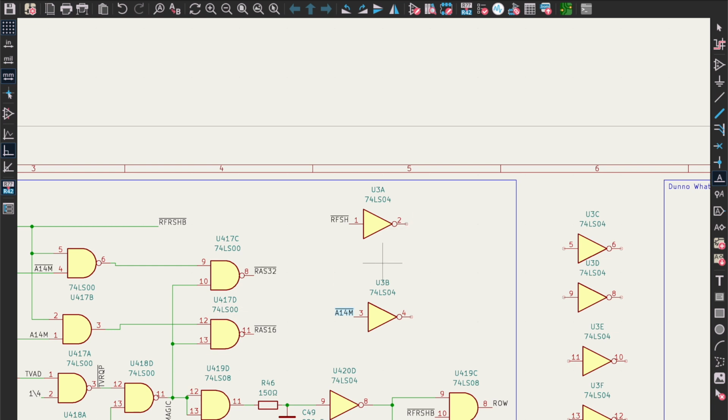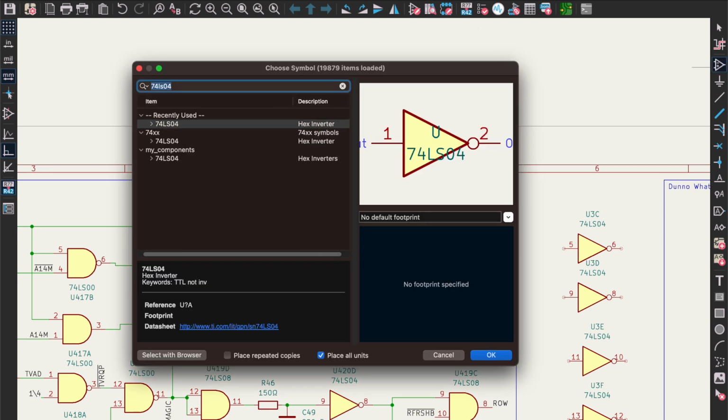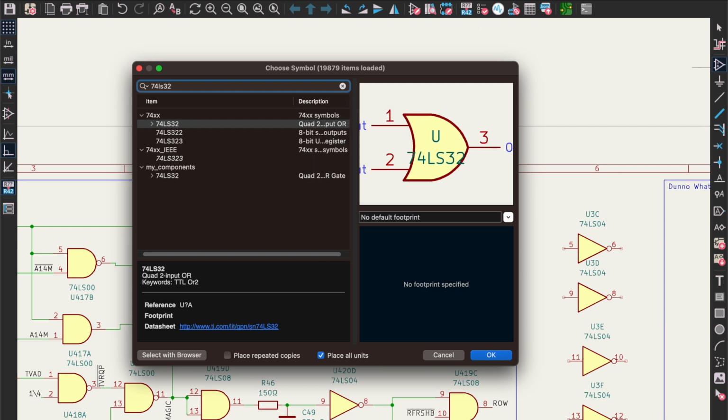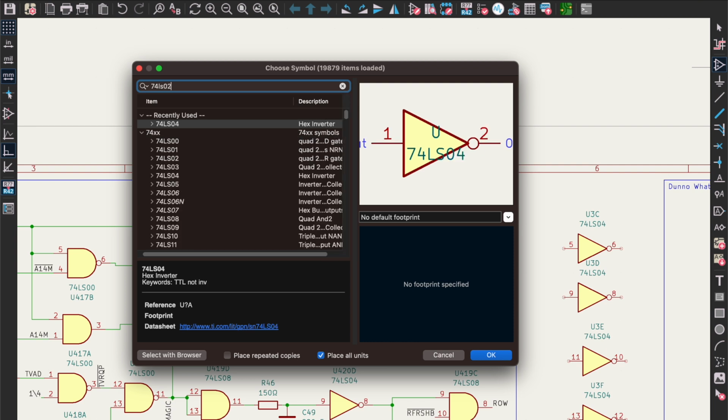Now, what we then want is, I think it was going into an AND gate, wasn't it? What's an AND gate? Is it 32? Quad input, no, that's OR. So that's NAND.